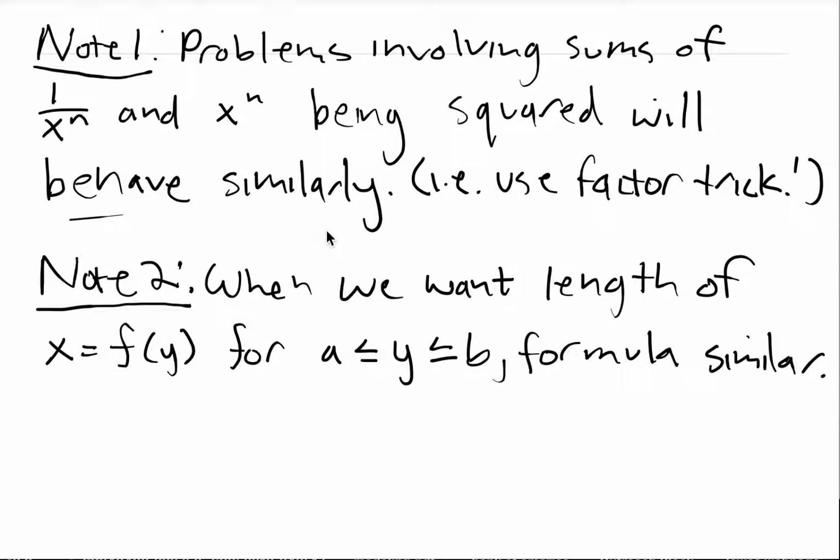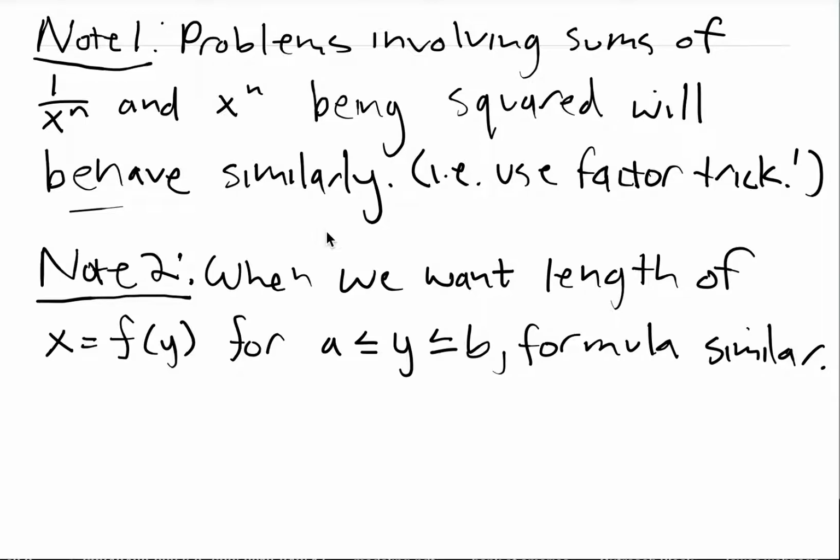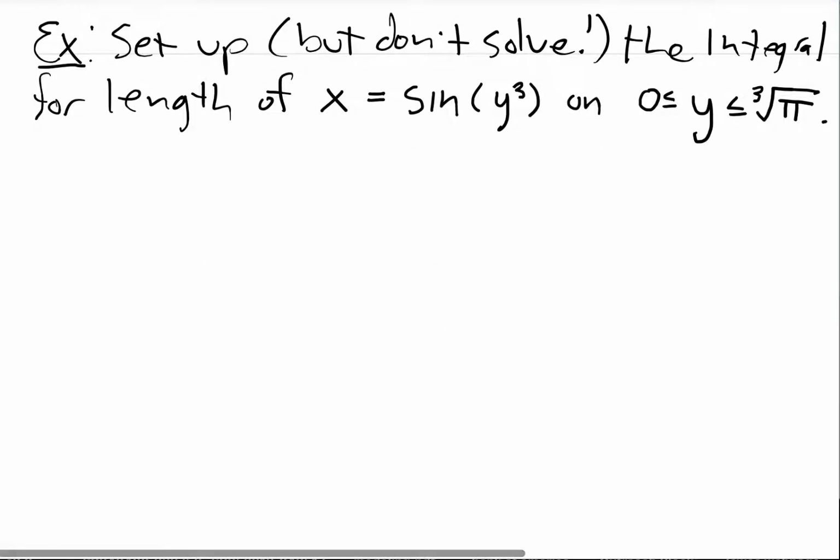Another note that I'll go ahead and make is that I've done all of these as y equals f of x problems. This is kind of a minor point of concern. It'll look ever so slightly different, but the work is the same. If you have x equals f of y problems, you basically use the same formula. I'll point this out in an example.